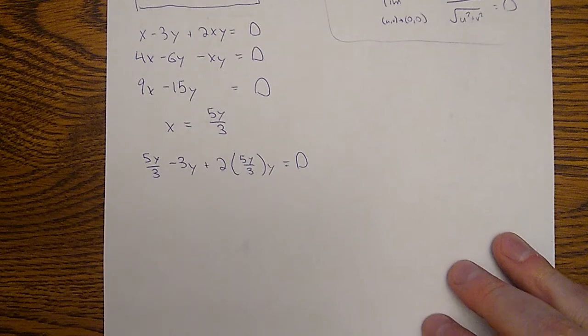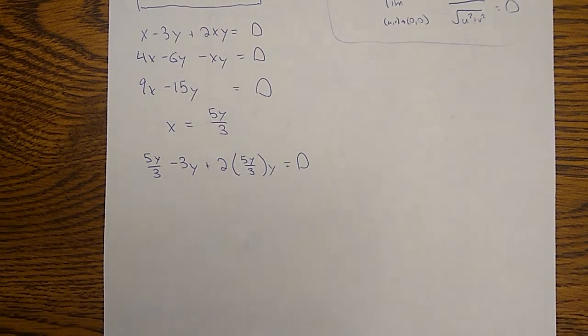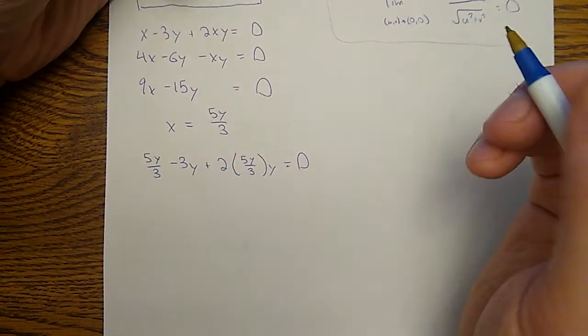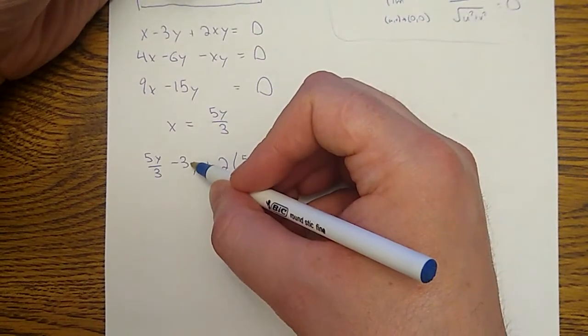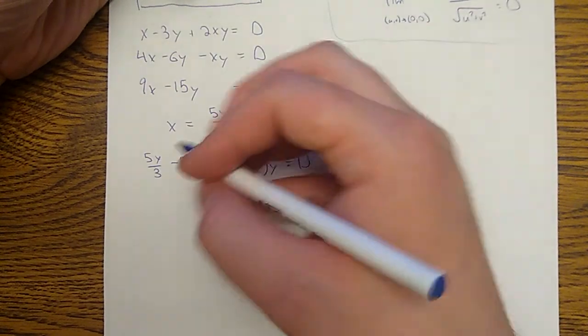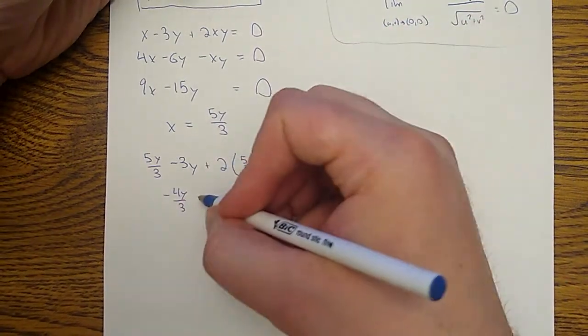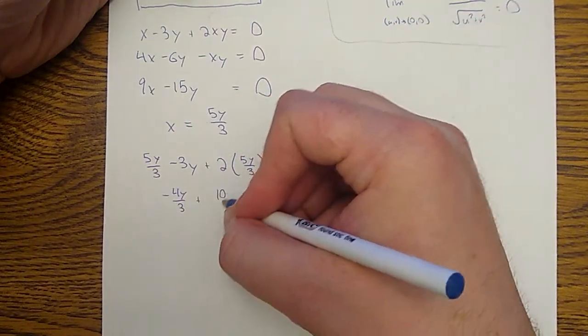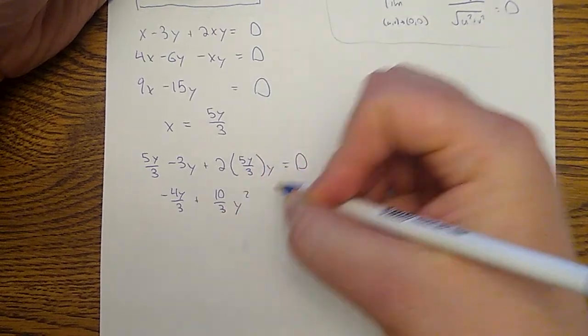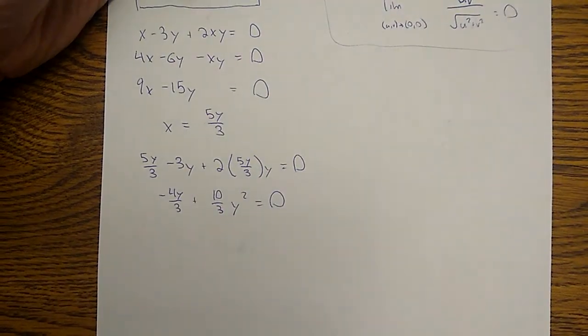Now, this is like 9y over 3, so negative 4y over 3 plus 10 thirds y squared equals 0.